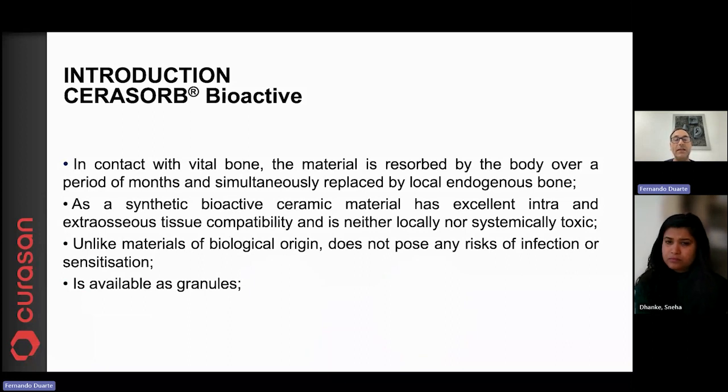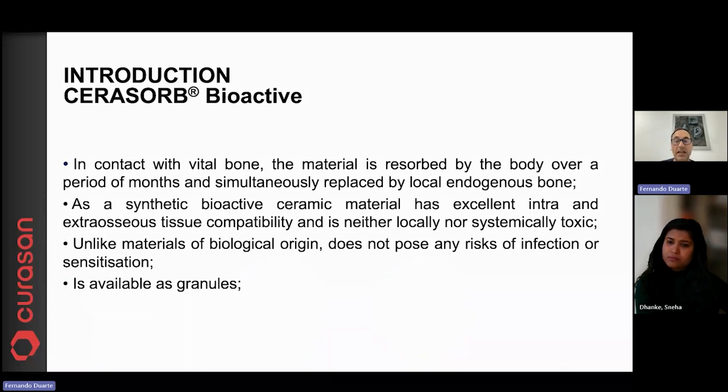This synthetic bioactive ceramic material has excellent intra- and extra-osseous tissue compatibility and no toxicity, either locally or systemically. This is very important because nowadays patients are very concerned about the toxicity of the biomaterials that they put in their bodies.